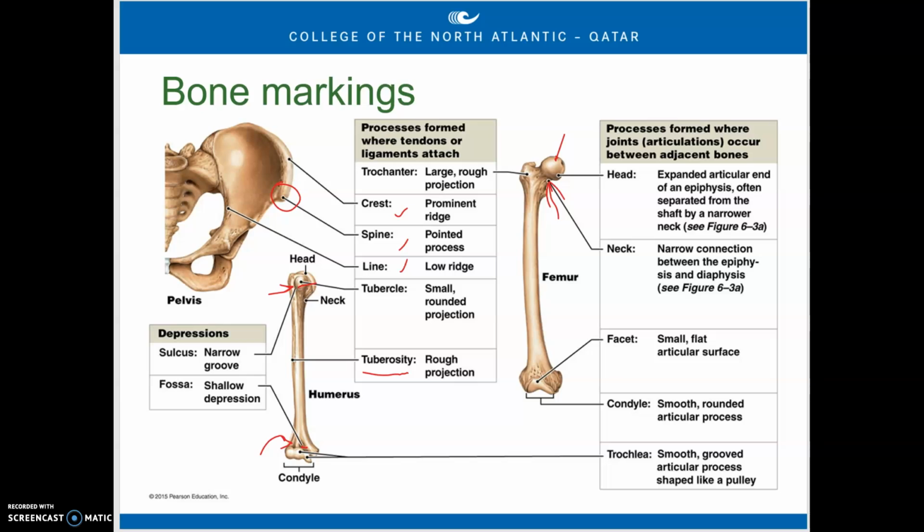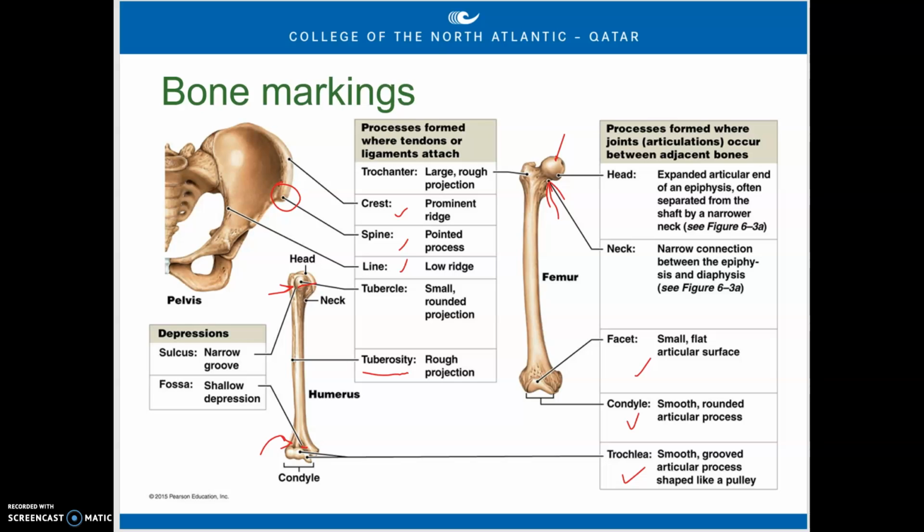If we look down here at the next three in the bottom of this list, the facet, the condyle, and the trochlea, these are all versions of articulating surfaces. And what articulating surfaces means is a place where two bones will come together, where bones will articulate or move against each other. So a facet is a small flat articulated surface. A condyle is a smooth rounded process.